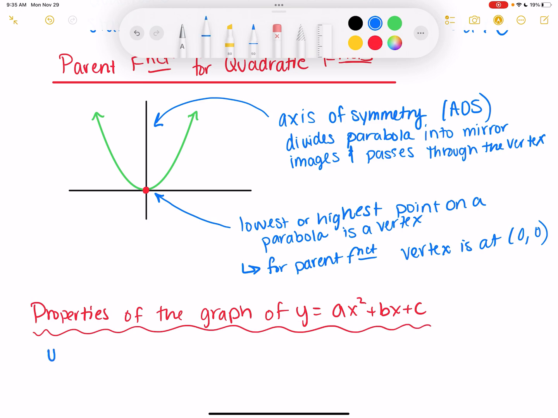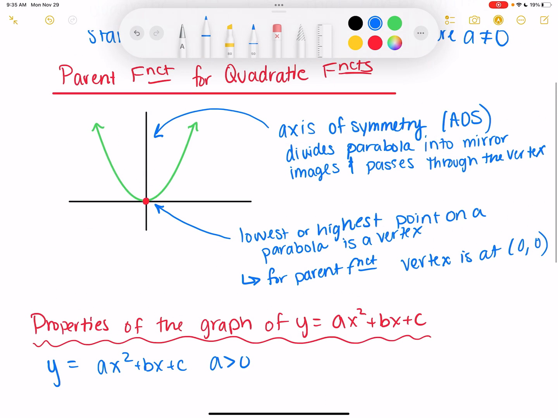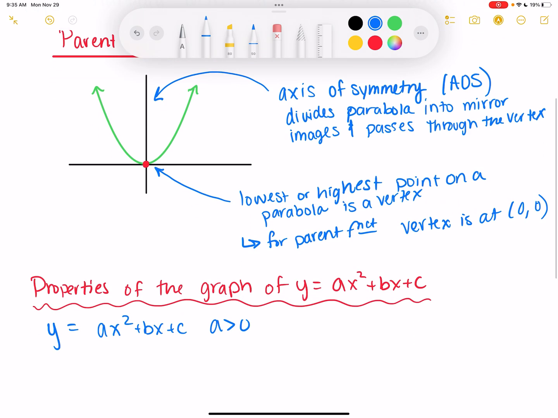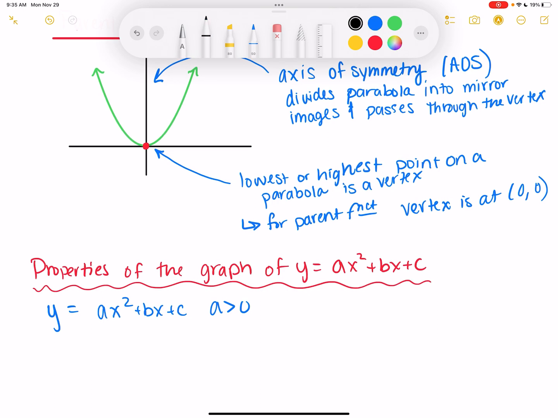So if we have y is equal to ax squared plus bx plus c, where a is greater than 0, do y'all still need this stuff up here, or can I slide it up?